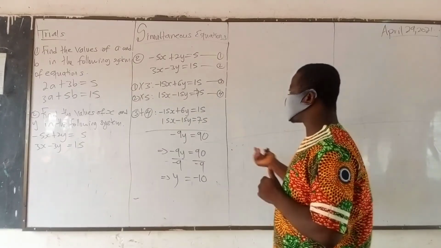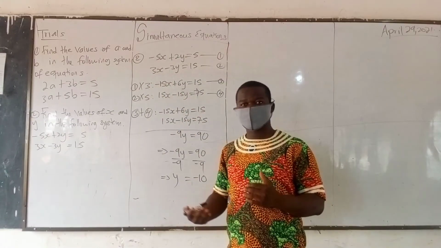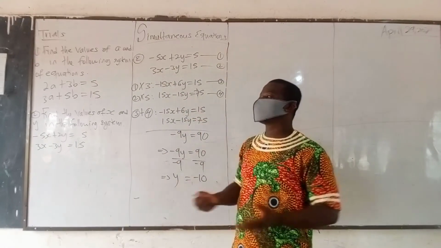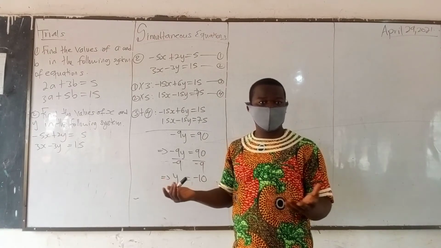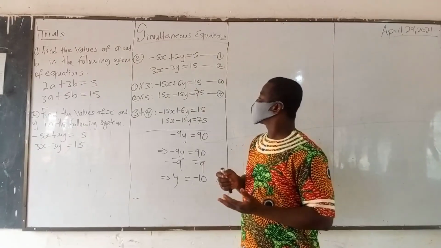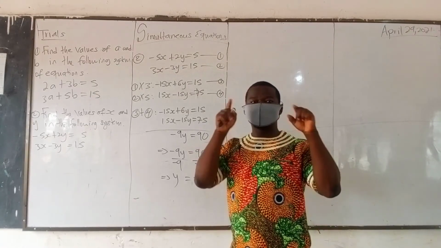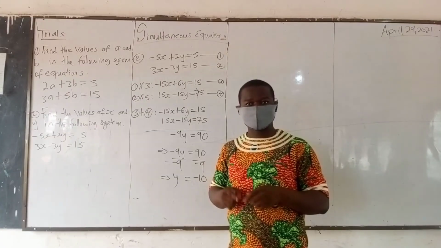I think some of you are afraid of negative numbers, but it's good you always confront them. Any of them you use, you still come up with the same answer. But I think equation 2 seems simpler. Not by my standard, but by many students' standard. You get it?